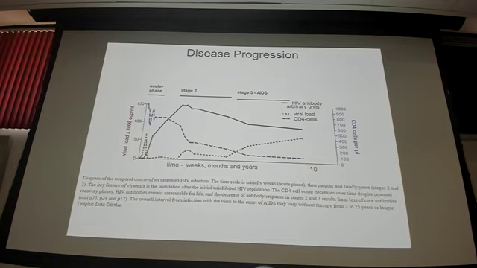Meanwhile, your viral load starts increasing, and eventually, around this point in time, when your CD4 count drops below 200 cells per microliter, that's usually where you are no longer immunologically capable of fighting off basic pathogens. You become susceptible to a wide number of diseases. So this is kind of when things start getting really, really bad.